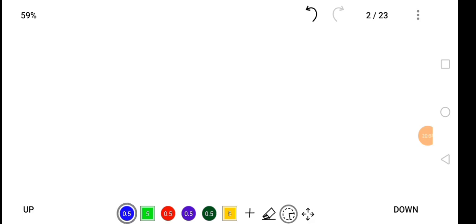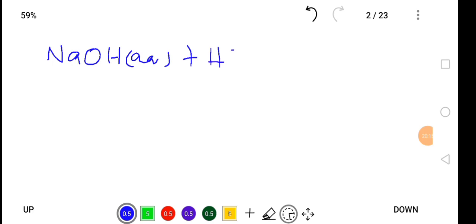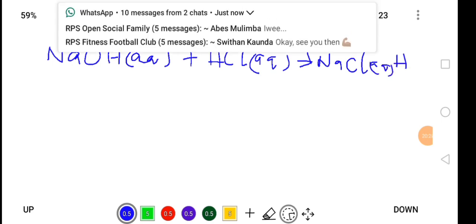So we are reacting sodium hydroxide in aqueous state plus HCl in aqueous state. This will give us sodium chloride in aqueous state plus water in liquid state.